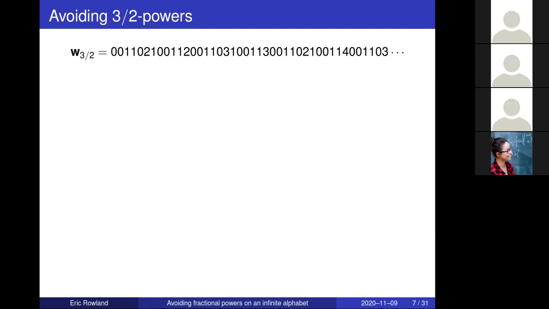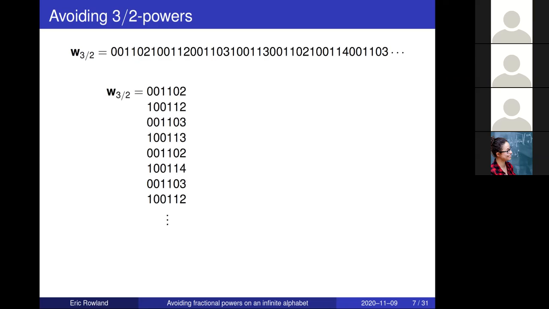So what is the structure of this word? It's a little easier to see when we break it up into blocks of length 6. Now you can see that the columns seem to be periodic, except for the last column, which contains all the numbers that are larger than 1. Here's another way of looking at it, which is a graphical form.